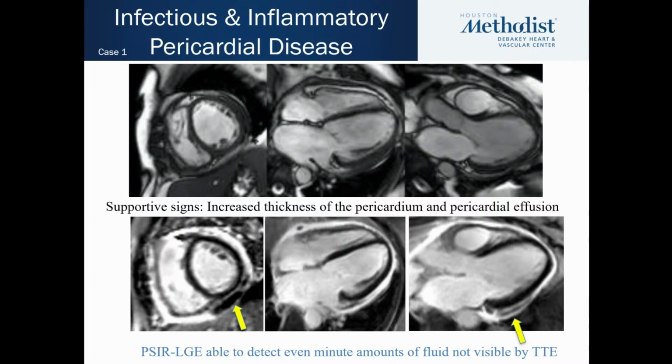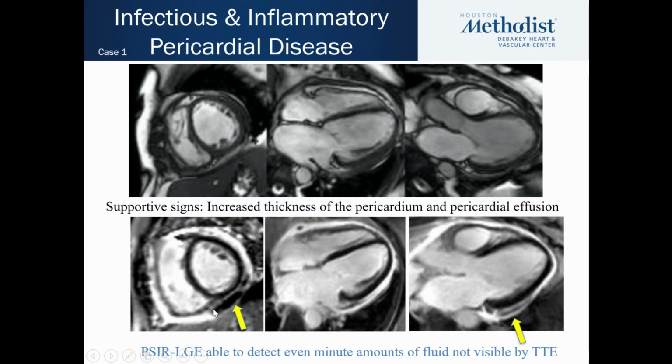We have some sequences, specifically the phase-sensitive inversion recovery LGE sequences, where the only thing that can be black in those images is pericardial effusion. And as you can see, those are those sequences over here.